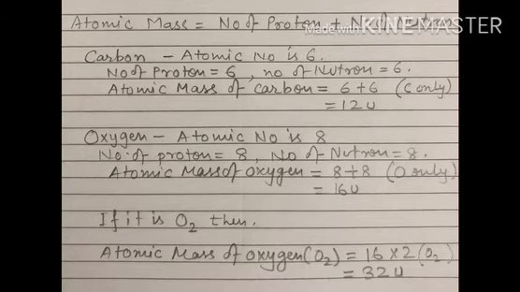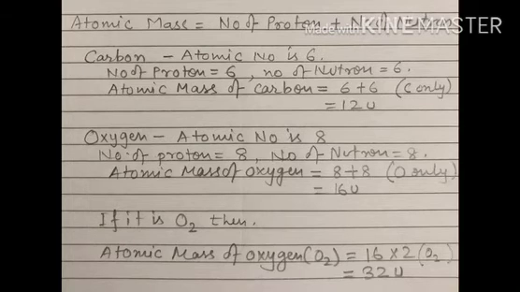Atomic mass is equal to the number of protons plus the number of neutrons. Suppose carbon: the atomic number is 6, the number of protons is 6 and the number of neutrons is 6 in a carbon atom. So the atomic mass of carbon is 6 plus 6, which is 12 U.